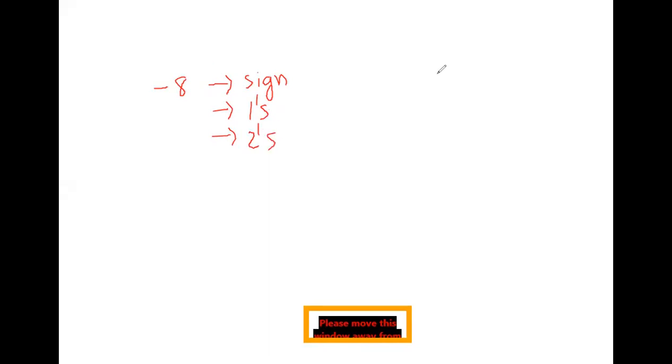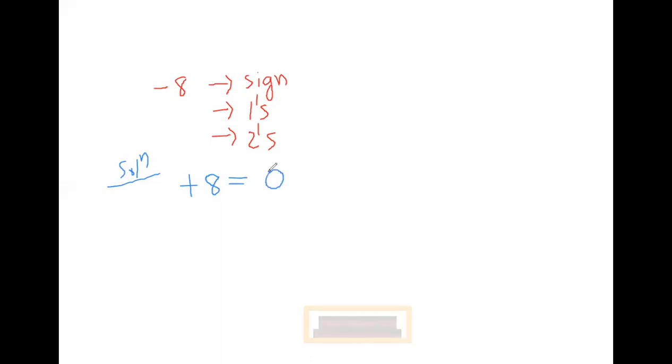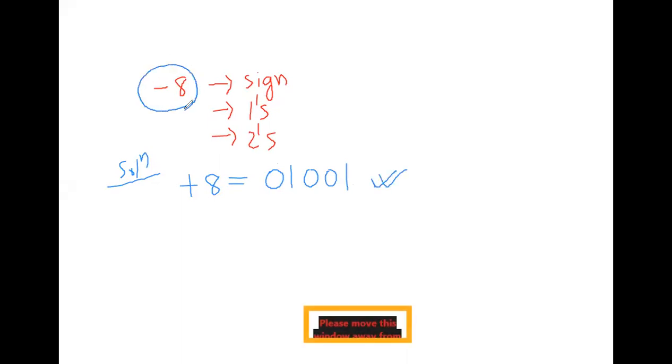First of all, the solution will be like this. First, you have to find out +8. And you know very well, plus means 0 and 8. 8 means the binary representation is 1 0 0 1. Then this is the value of +8, but we have to find out the value of -8.